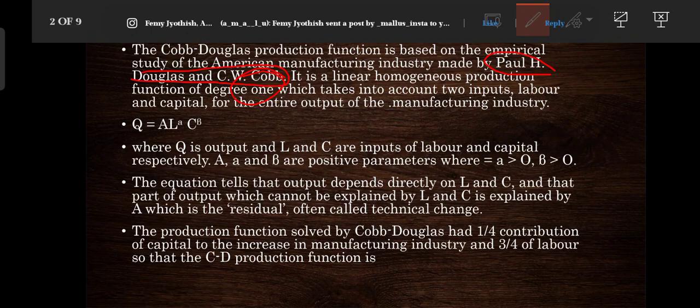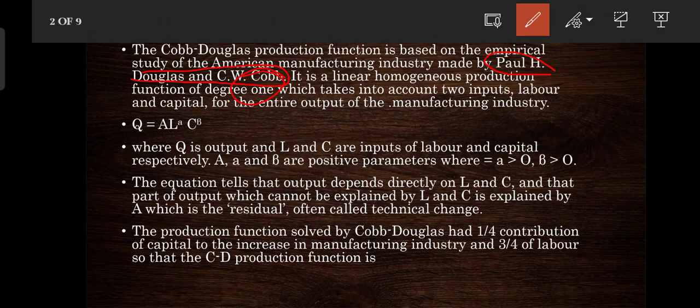For example, if input is increased by 2 times, the output should also increase by 2 times. So that is what we call a homogeneous function. In this case, the Cobb Douglas production function is also a linear homogeneous production function of degree 1.